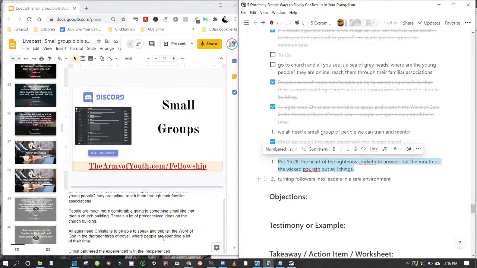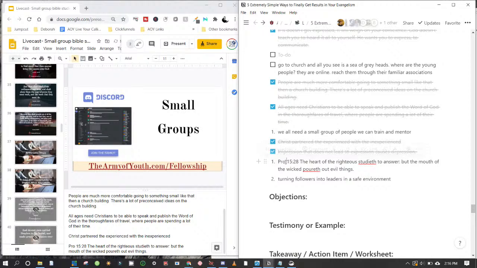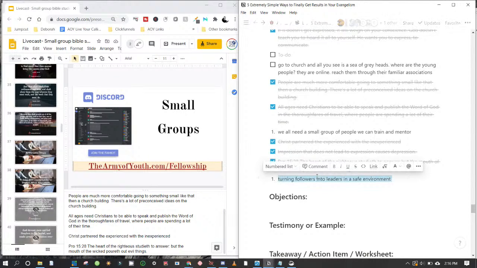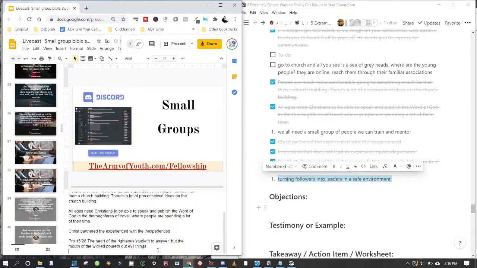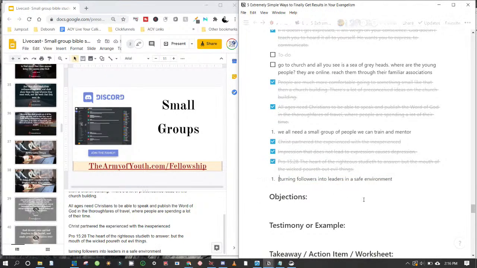Yes, they're studying to share. Praise the Lord. Turning followers into leaders in a safe environment. Yeah, we put this on there. Just creating a safe environment for folks.